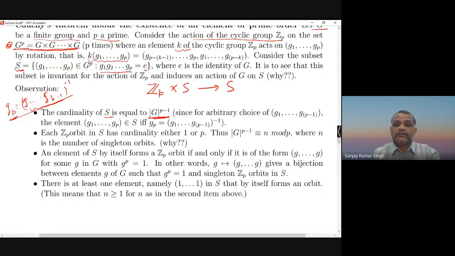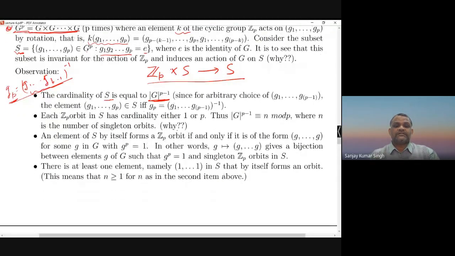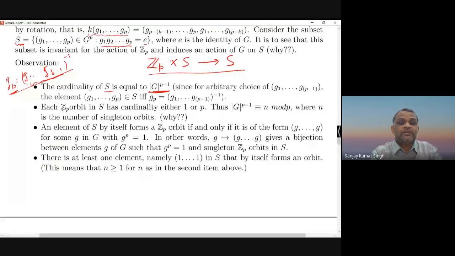Okay, so if I can do this, then another observation is that each Z_p orbit in S has cardinality either 1 or p. Why? Because Z_p has no subgroup other than trivial and Z_p itself. If you pick any point s in S, then the stabilizer G_s will be a subgroup of Z_p.